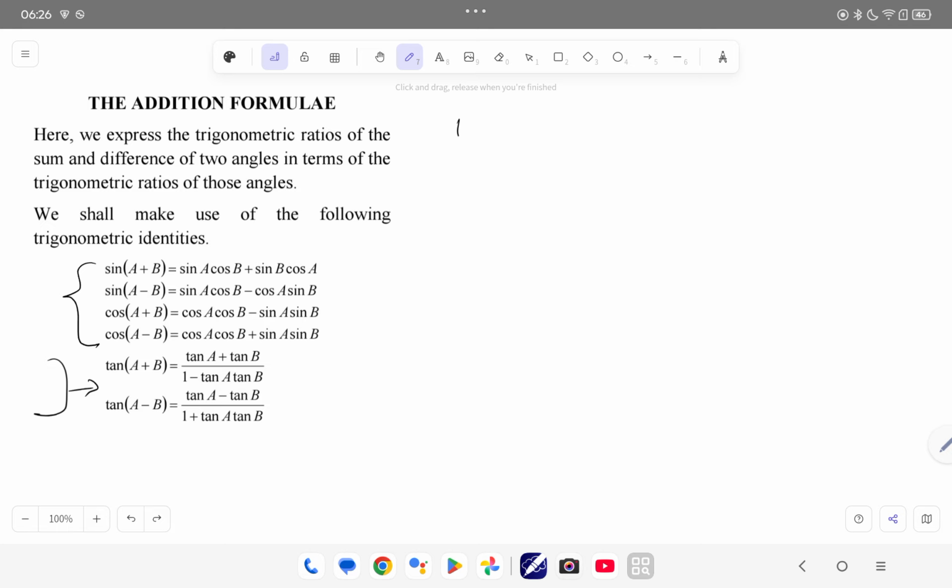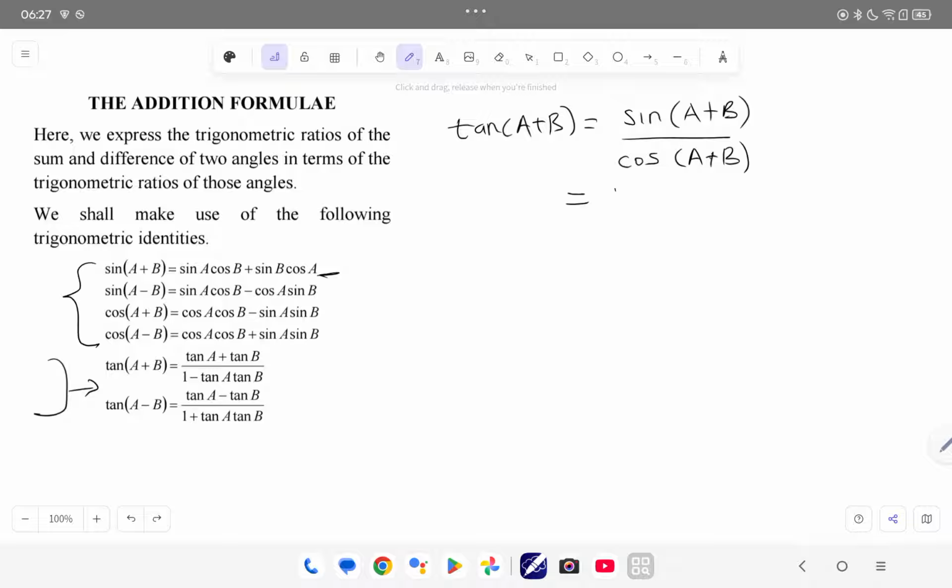Now, tan A plus B is the same as we saw before. Tan is a ratio of sine over cos, so sine A plus B over cos A plus B. So tan is sine out of cos. Now, we expand the numerator using this identity.